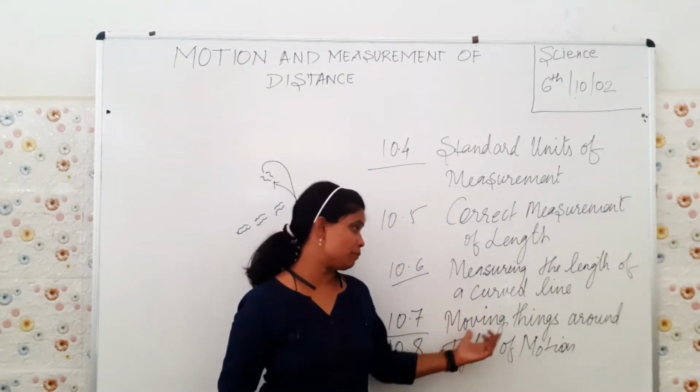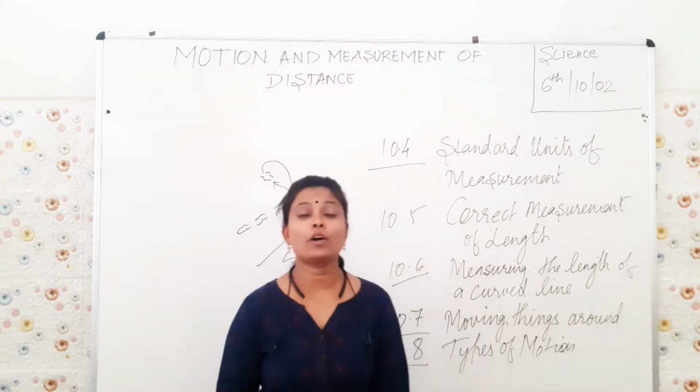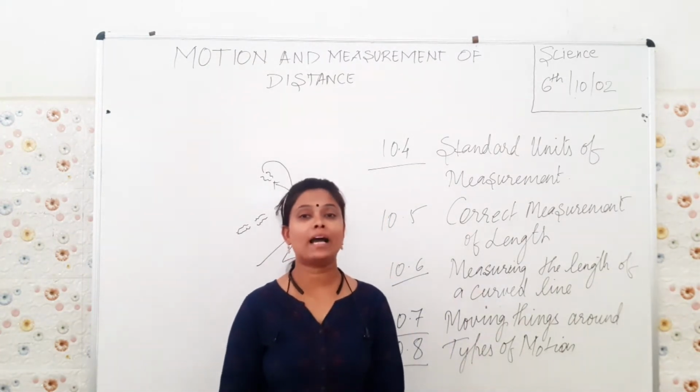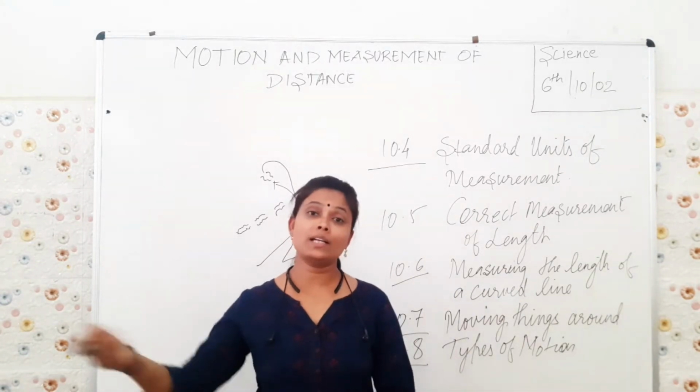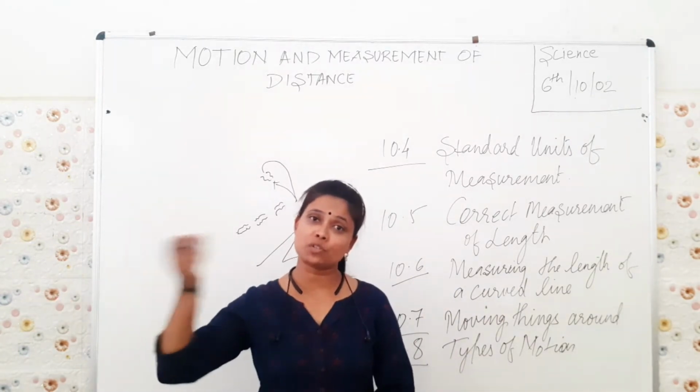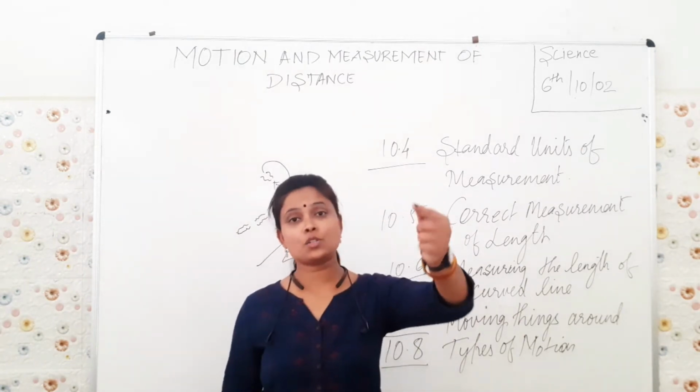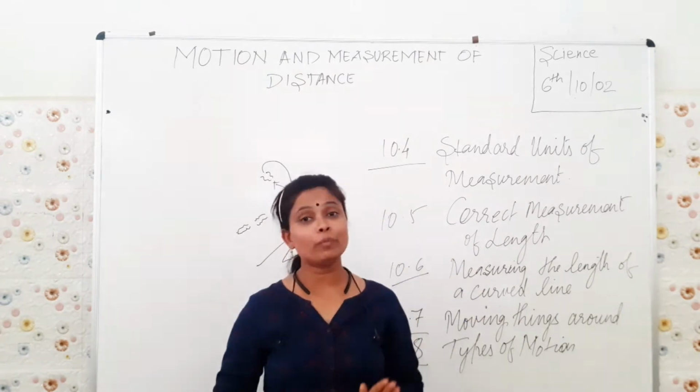Many more examples are there. For example, the bus. Suppose you are coming to school by school bus, then what does the bus do? Does it come straight from your home to here? No. It has lots of zigzag movement. Why?